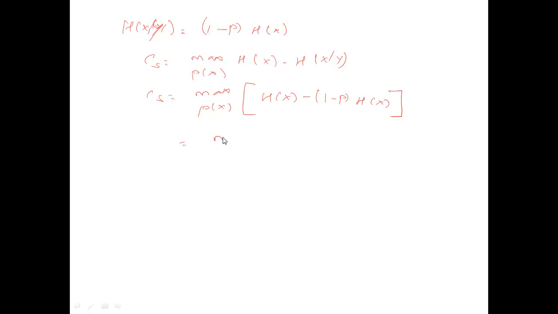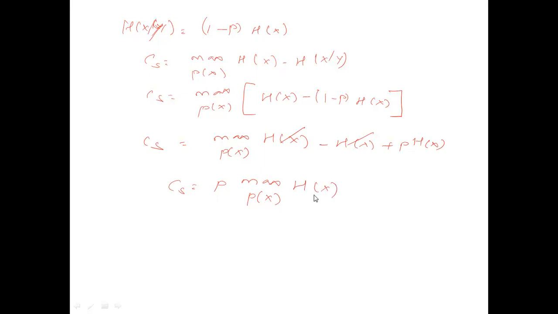So CS is nothing but maximum over P of x. We can write this as h of x minus h of x plus p times h of x. So this will get cancelled. P we already know is a constant. So we can write CS is nothing but p times maximum over P of x of h of x.